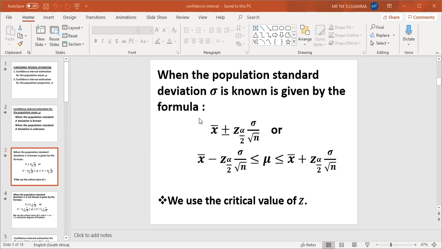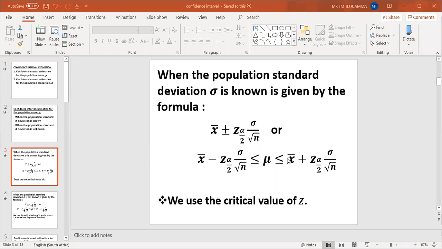As I was saying, on the formulas, this one is the formula which is going to be applied when the population standard deviation is known. When the population standard deviation is known, we're going to use this formula: x bar plus or minus z theta divided by 2 multiplied by sigma divided by square root of n.